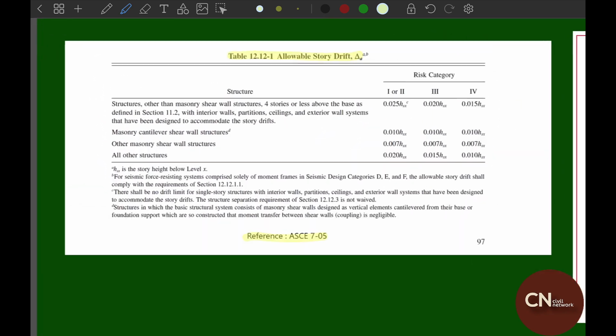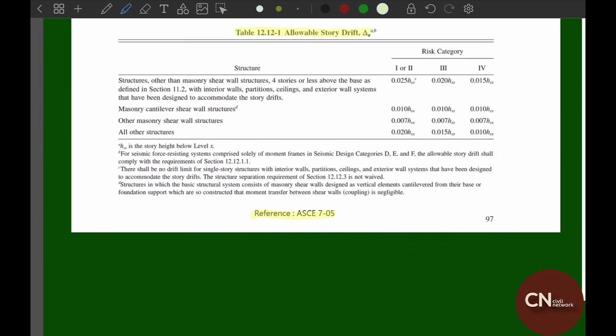Let's talk with the table from the reference of ASCE 7-05. Here you will see that the allowable story drift is based on two important elements. One is the type of the structure and the other one is the risk category. Based on these two elements, the allowable story drift is categorized.